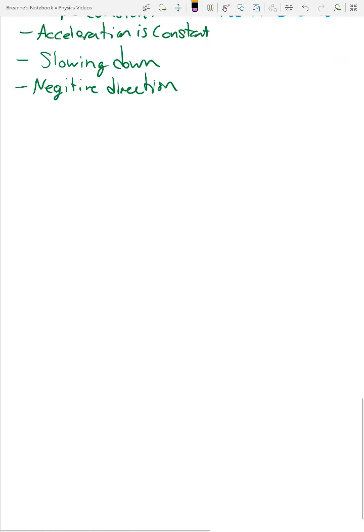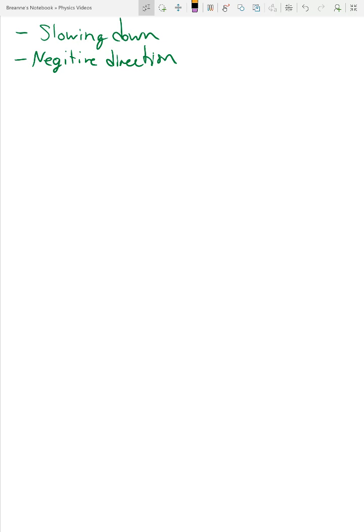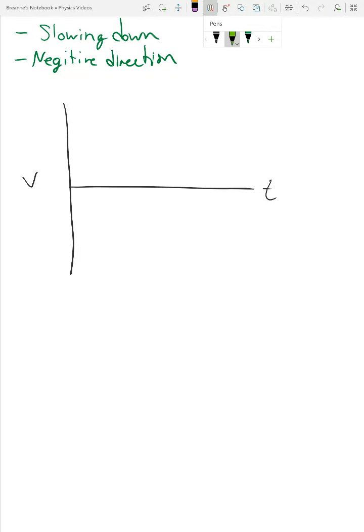There's two more concepts I want to make sure we understand with the velocity versus time graph. So I'm going to draw this again. Velocity versus time. Let's get a different color. So we have a graph.